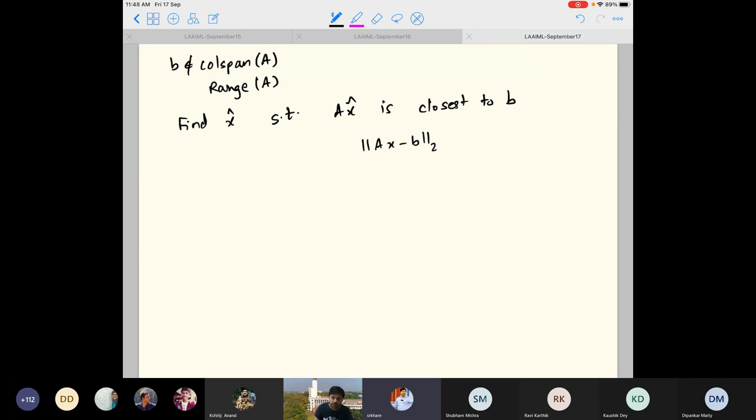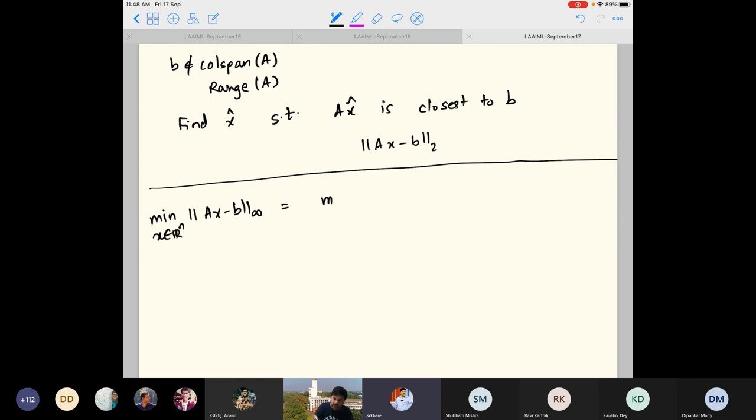What would that mean in terms of residuals? For example, if I minimize the infinity norm of Ax minus B for all x in Rn, that means I want to minimize, over x in Rn, the maximum of mod Ri. That is what I want to minimize, so it becomes a min max problem. What is Ri?